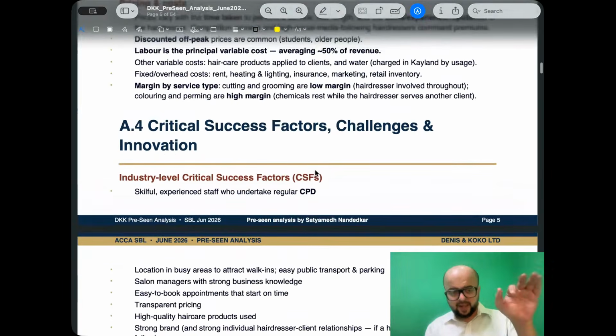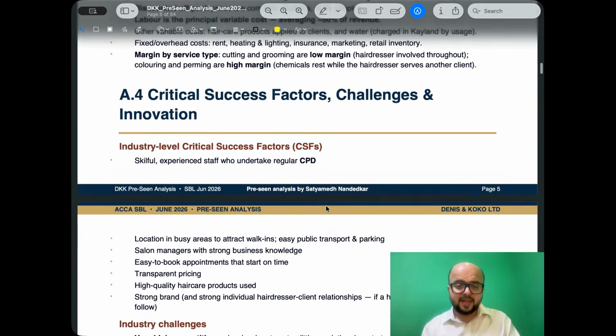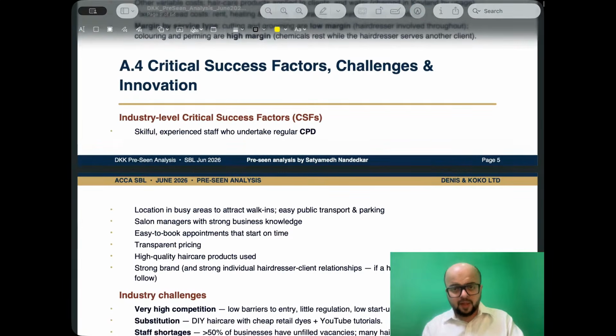Before we move ahead and analyze critical success factors, can you let me know in the chat box what you understand by CSF? And can you tell me the difference between CSF and KPI? Think of it as a quick question. What is a critical success factor and what is KPI?